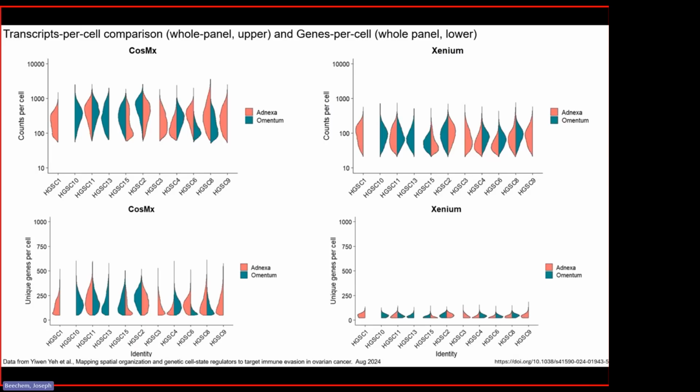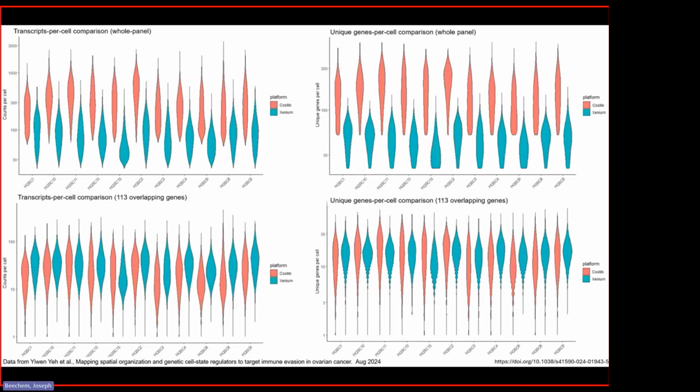You can go ahead and look at them yourselves. You get transcripts per cell, CosMx and Xenium, unique genes, and I'll show you what the overlapping plots are so it's easier to see. Again, these are the transcripts per cell, CosMx in orange, Xenium down here in blue, and then the unique genes per cell, CosMx ahead, Xenium down there in blue.